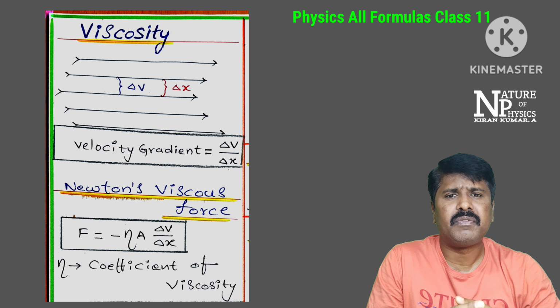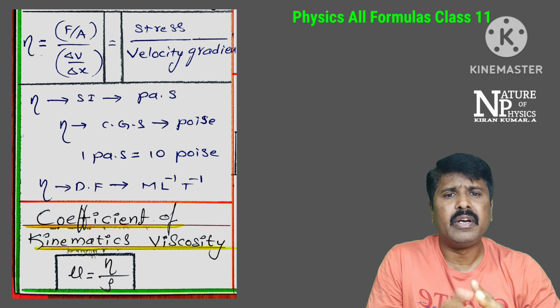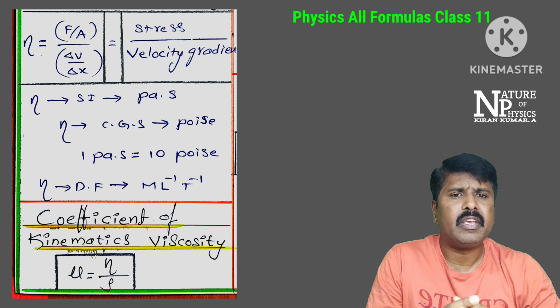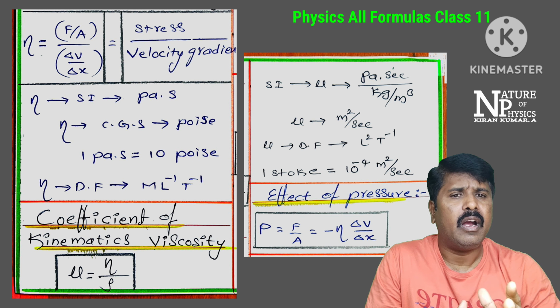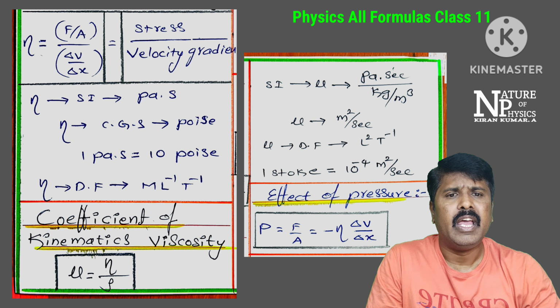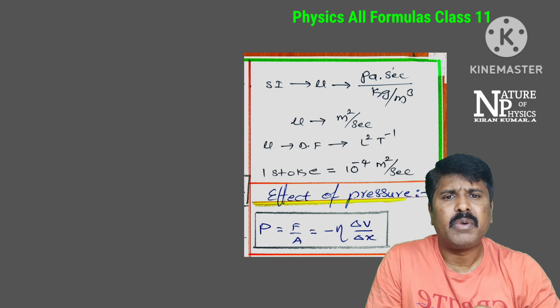Eta is the coefficient of viscosity, units, CGS units is Poise, relation also clearly I gave you. Coefficient of kinematic viscosity also I gave you, including formula and units and dimension clearly. Effect of pressure given, student, and Poiseuille's formula.